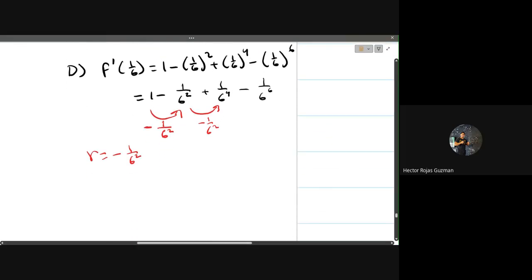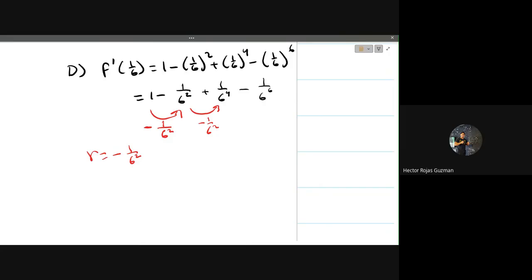So now we have to just kind of figure out what it converges to. So we have a of 1 divided by 1 minus the common ratio. a of 1 is the first term, which is 1. It's up here. The common ratio is negative 1 over 6 squared.